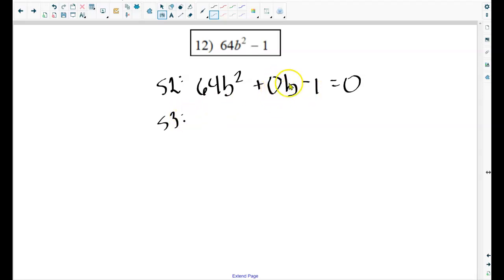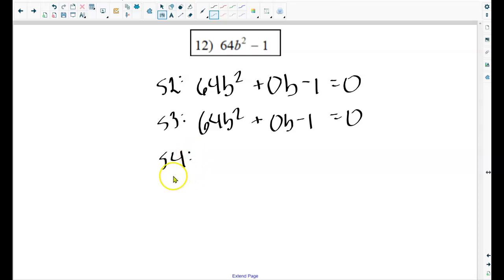Again, you can get clever with this, but there's nothing that goes into 64 and 1, so we're stuck there. Some of you wondered what happens if there isn't one. Some of you like taking out a 1. You don't have to. You can just copy this. There's no greatest common factor for them together.